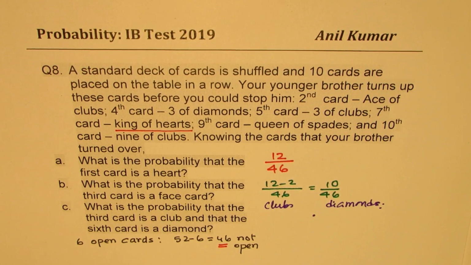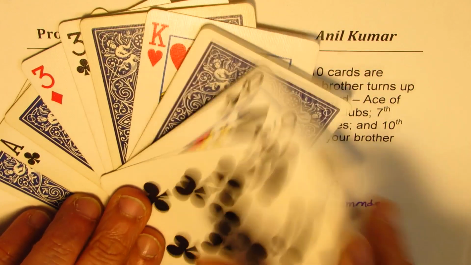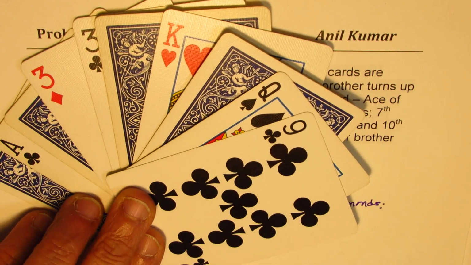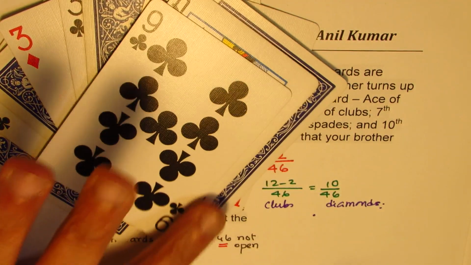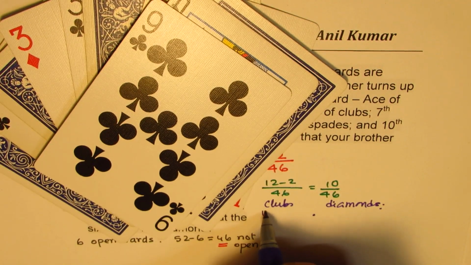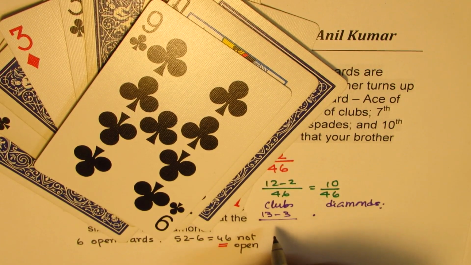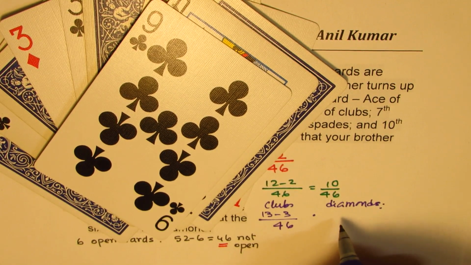How many clubs do we already have here? So as you can see here, we already have 3 clubs, right? So from 13, we have taken away 3. So let's say 13 minus 3. So the probability of getting club will be that divided by 46.